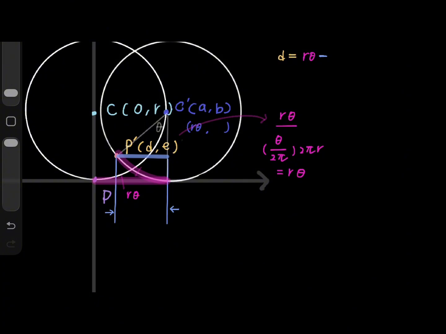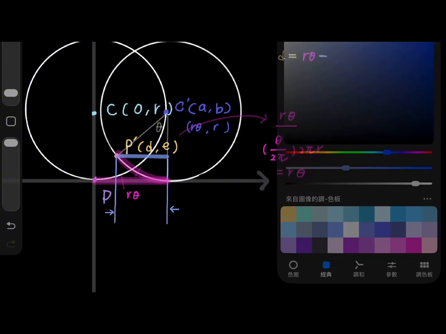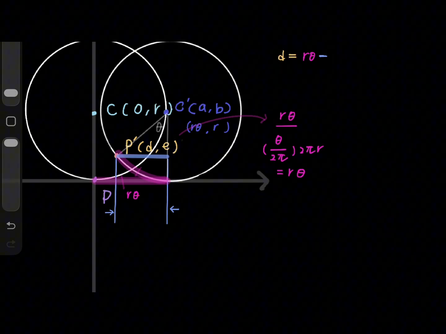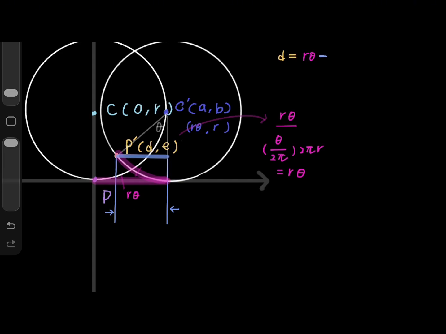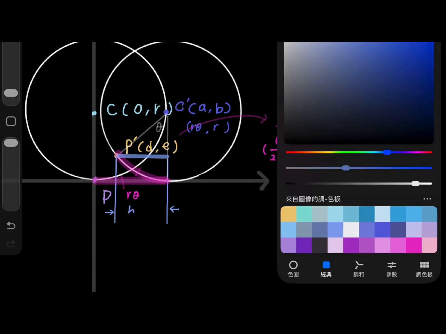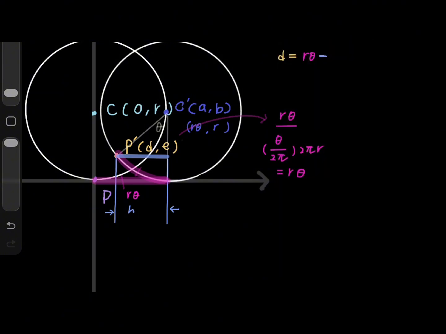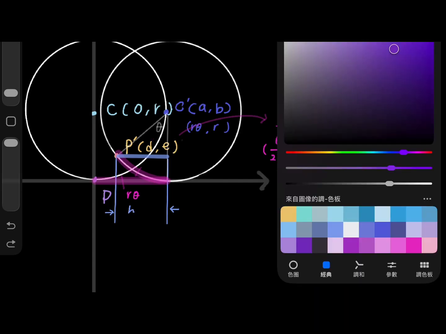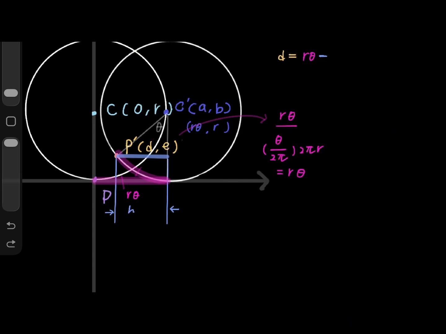B will be your Y value, which is R. Okay, so this distance, let's call it H. Okay, H. So this value is also obtained using the features of the circle. Because there's theta here and you want to calculate this, it will be R sin theta.